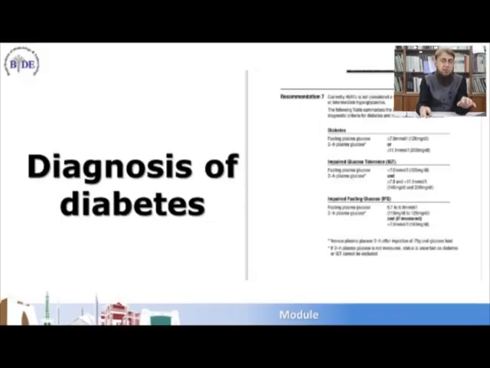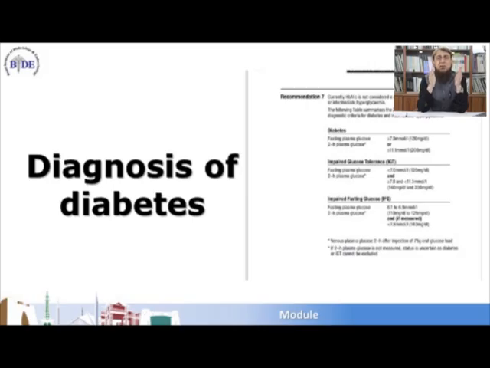In this slide, I just want to focus on the intermediate level of hyperglycemia. By now, we are clear what the abnormal glucose level for diabetes is.